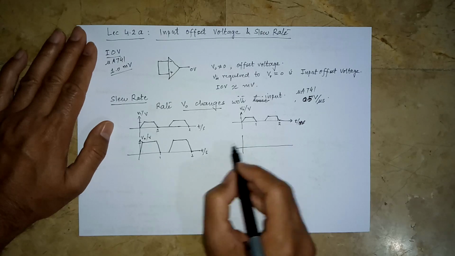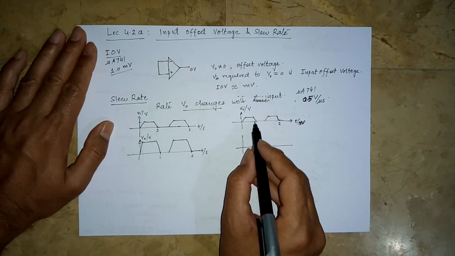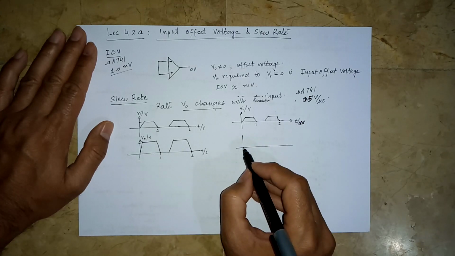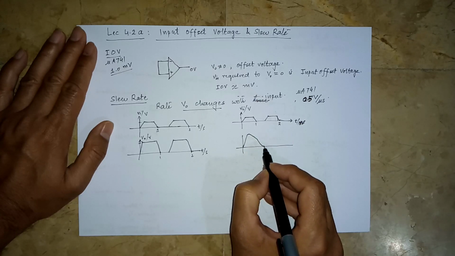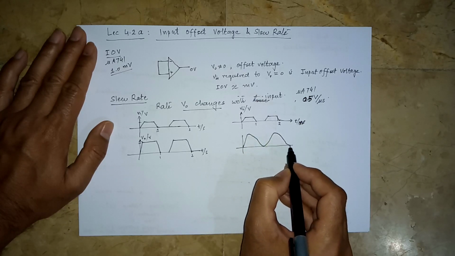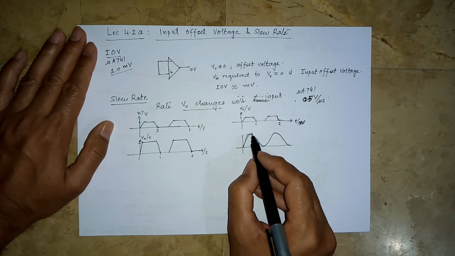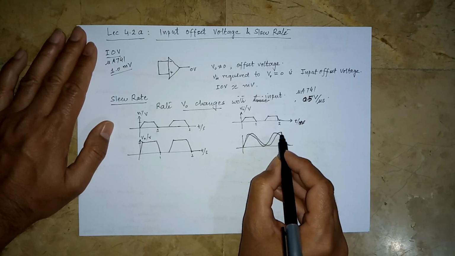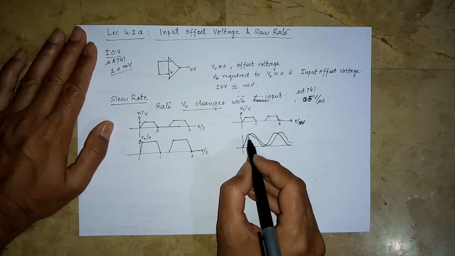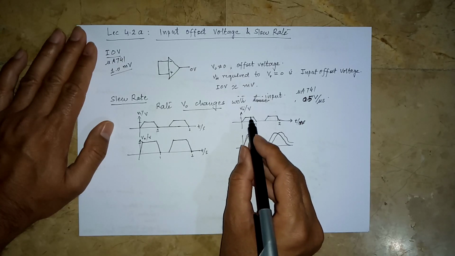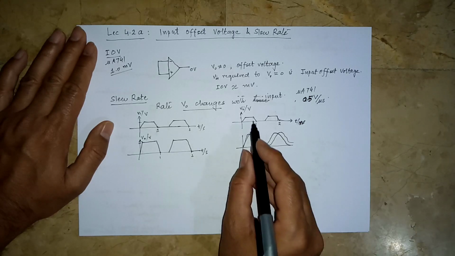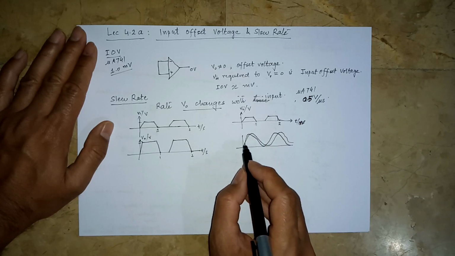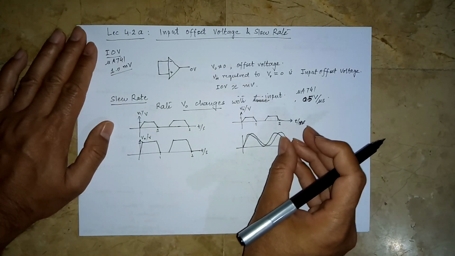The output may not be able to track the input just like this, and we may get something like this. It tries to follow the input, it may even get delayed, but it cannot follow the abruptness with which the input changes. So as you see, the output is no longer like the input, and this is because of the slew rate.